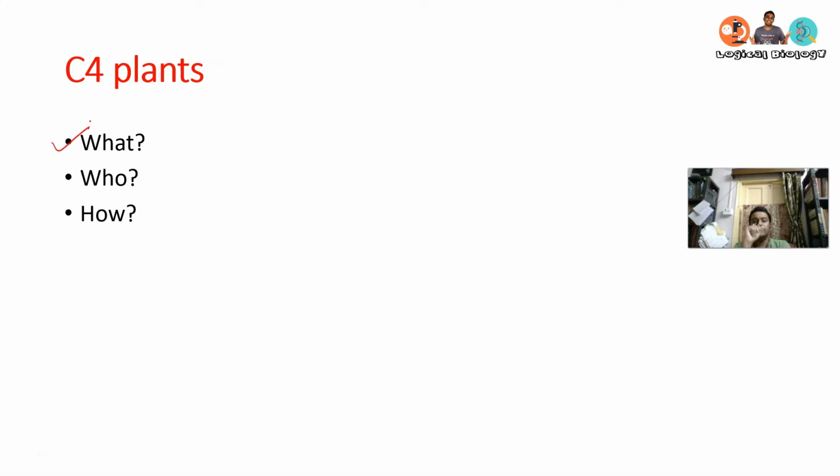Understand one thing. C4 plants means these plants, while fixing carbon, and carbon fixation is nothing but photosynthesis, right? While fixing the carbon, the first stable compound they form will be a 4 carbon compound. That means in one molecule of that organic compound, 4 carbon atoms will be present.